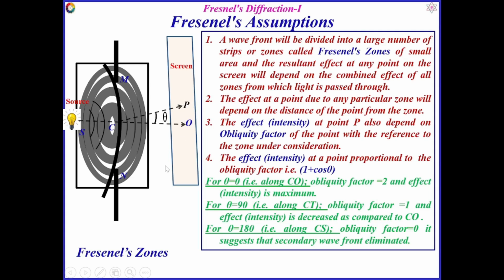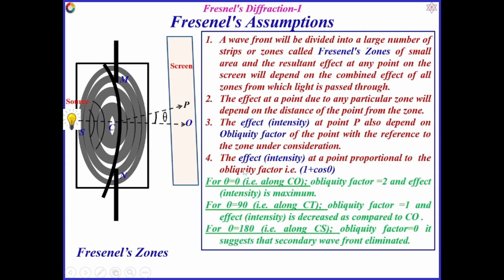For that also we have to consider the obliquity factor of the point with reference to the considered zone. Suppose we are considering the first zone, what will be the obliquity factor of the point P corresponding to this zone? Suppose we are considering the second zone, what will be the obliquity factor of the point P corresponding to the second zone also has to be considered.